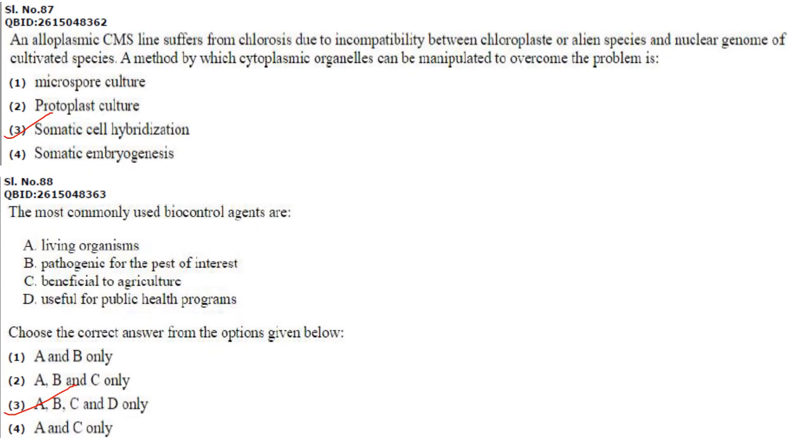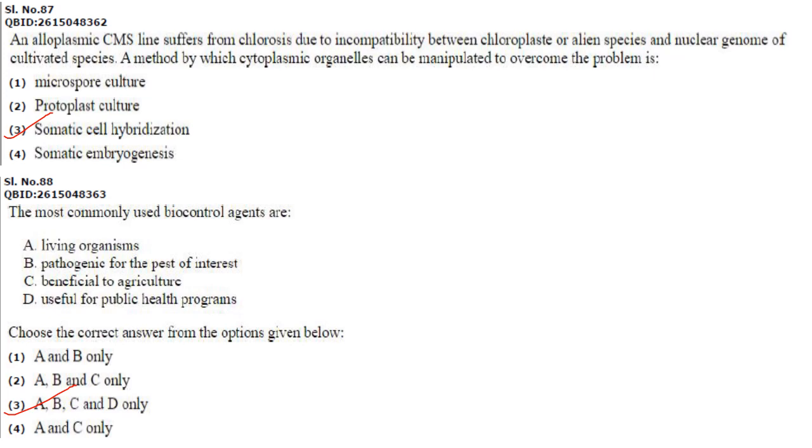Next one. An alloplasmic CMS line. CMS is cytoplasmic male sterility line. It suffers from chlorosis due to incompatibility between the chloroplast of alien species and nuclear genome of cultivated species.